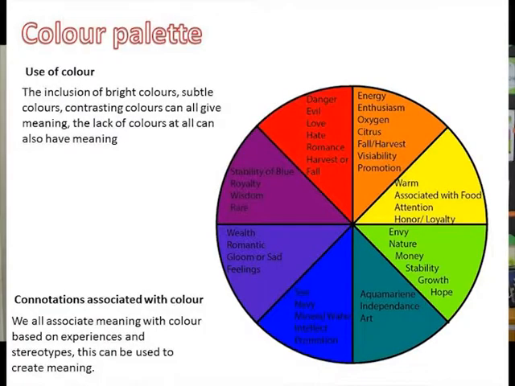So number 5 is the colour palette, and with the colour palette really colours imply so much meaning, and the combination of colours can imply meaning especially. So if there's a lot of red, you know, that could imply passion, could imply horror, could imply violence. So there's a number of things that you can take from the colours that are being used.